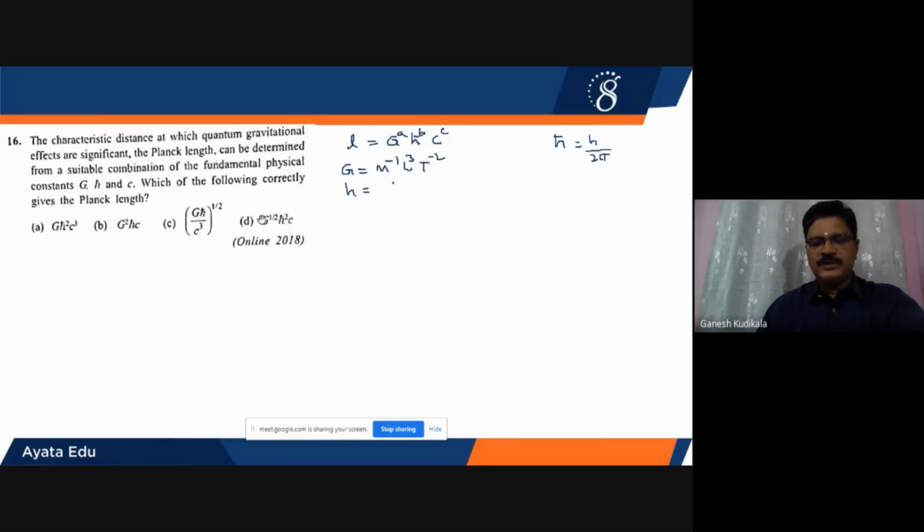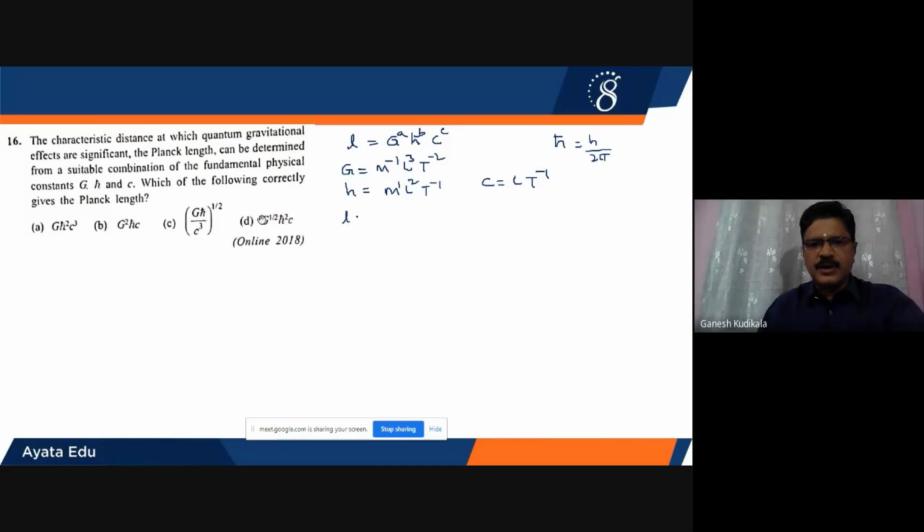The Planck's constant is m1 L2 t power minus 1, energy by frequency. c is speed, given by the formula L into t power minus 1.